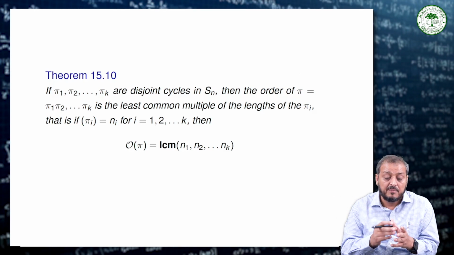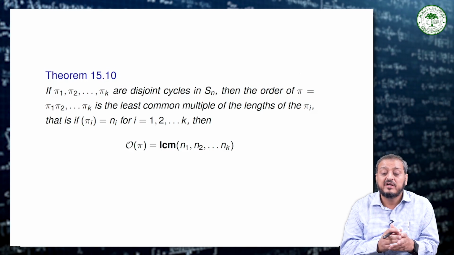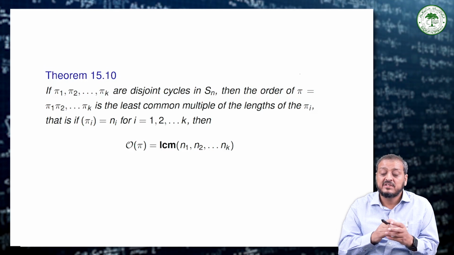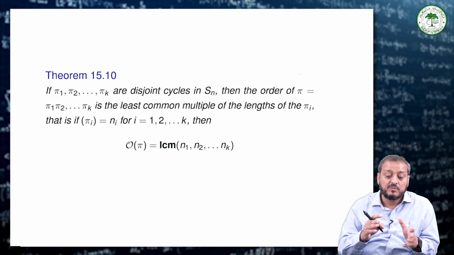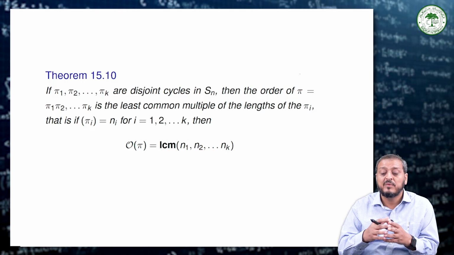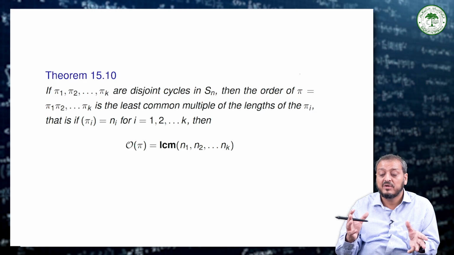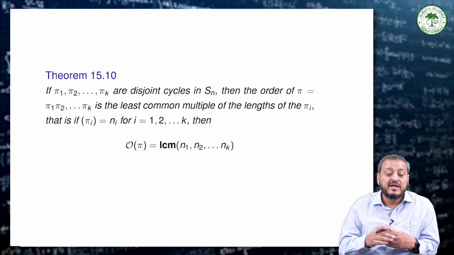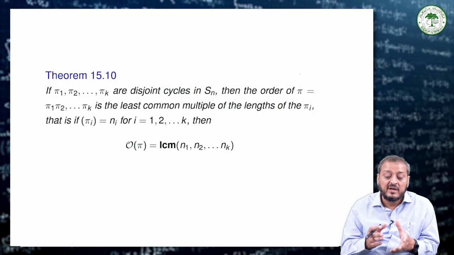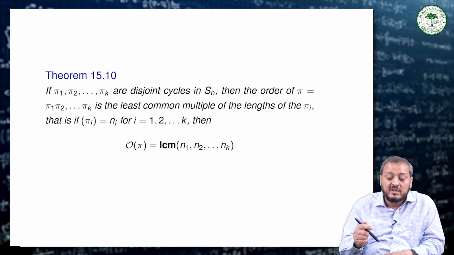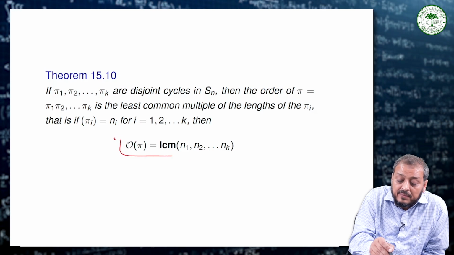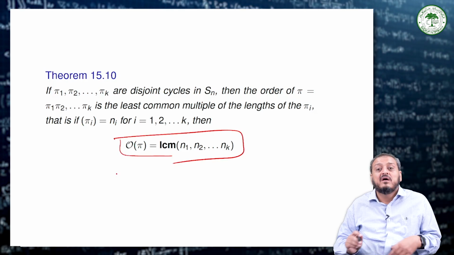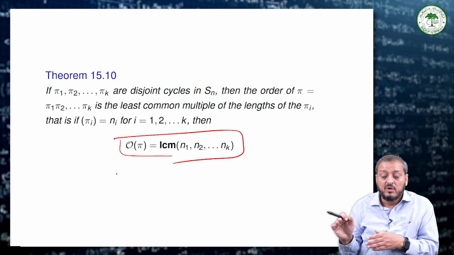Now we move to the next theorem, which clearly says that if π1, π2, ..., πk are disjoint cycles in Sn, then the order of π = π1 π2 ... πk is the least common multiple of the lengths of the πi. That is, if the length of πi is ni, with i running from 1 to k, then the order of π is the LCM of n1, n2, ..., nk.